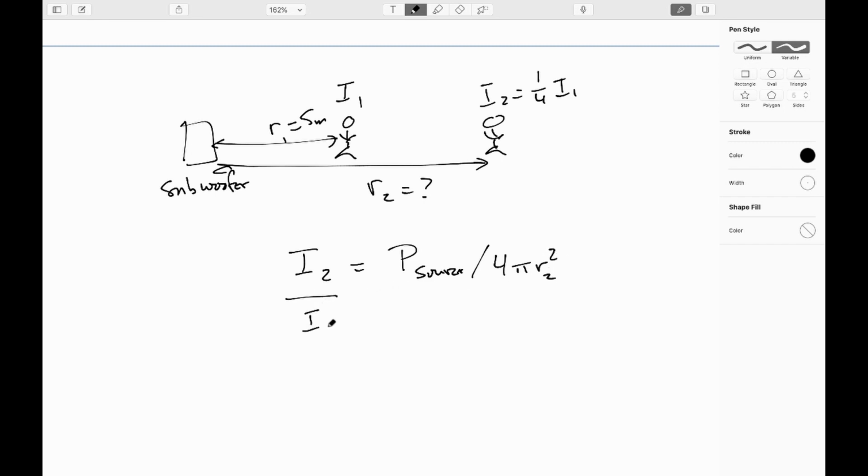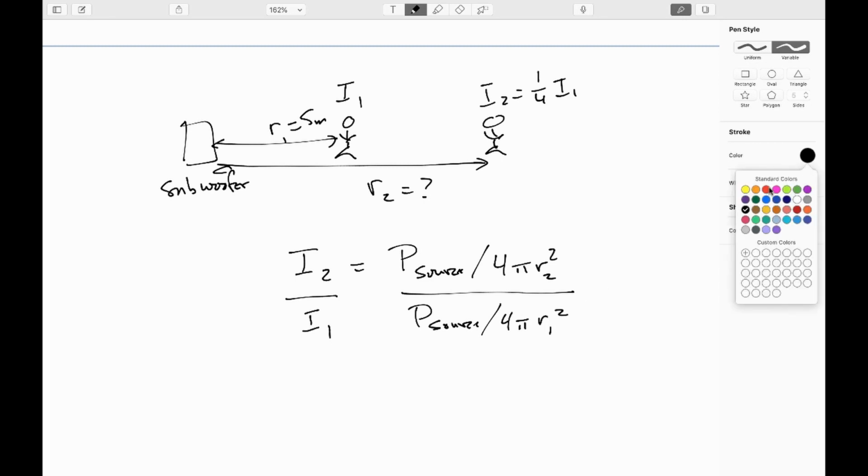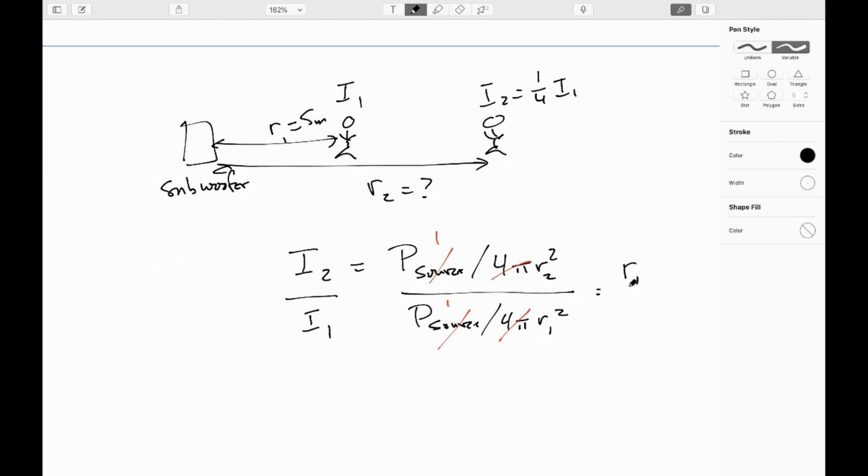We can divide both sides by I1. On the left, we'll express it as just I1, and on the right, we will express that as the power of the source over 4 pi r1 squared. All right, cancel, cancel, cancel. We end up getting r1 squared over r2 squared, which is the same as (r1 over r2) squared.